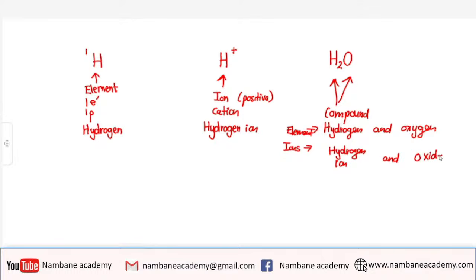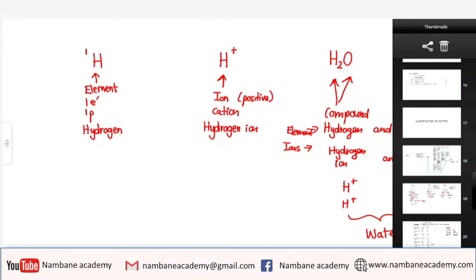Oxide, right? So it is made up of 2 hydrogen ions and 1 oxide. Together, they are forming water. See? So element, ion, and then we have our compound. Right. So I don't have a question here because there are so many. You have to be ready for them.